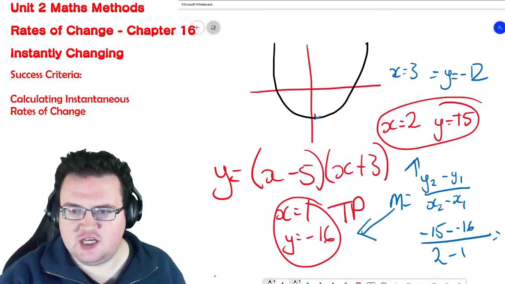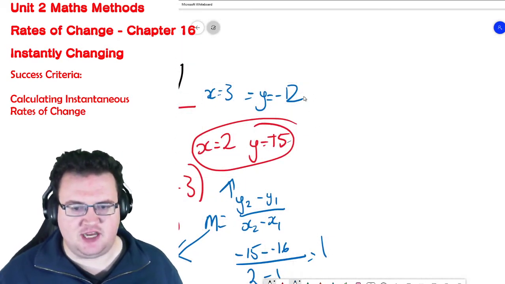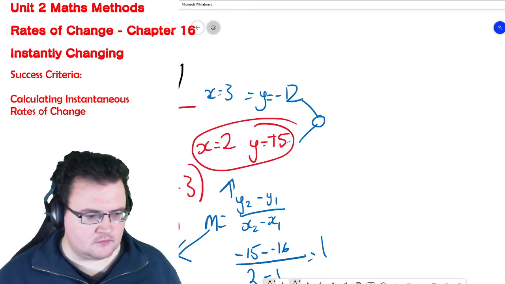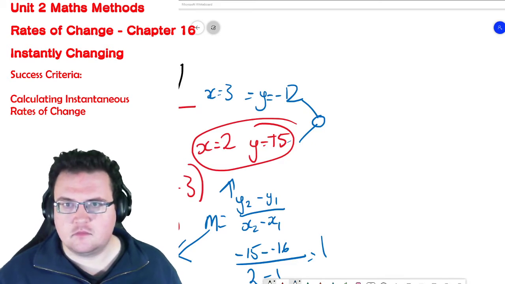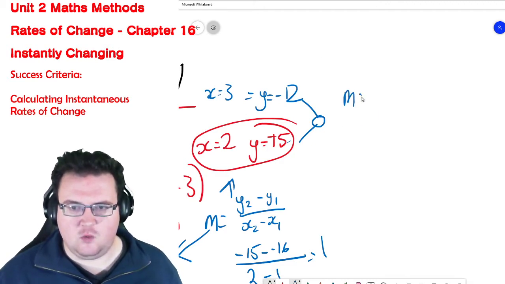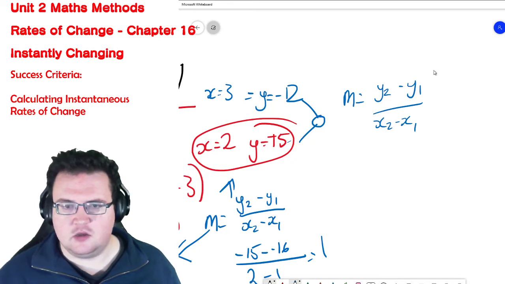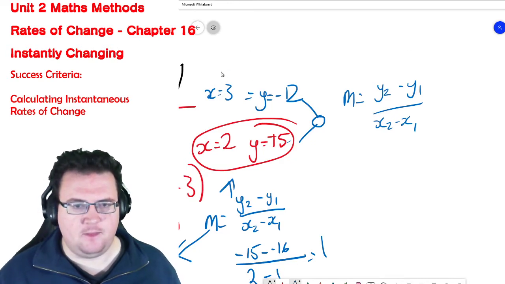But if I go over here, what about the gradient between these 2 points instead? Again, it's going to be y2 minus y1 divided by x2 minus x1, where this is x1, y1, and x2, y2.